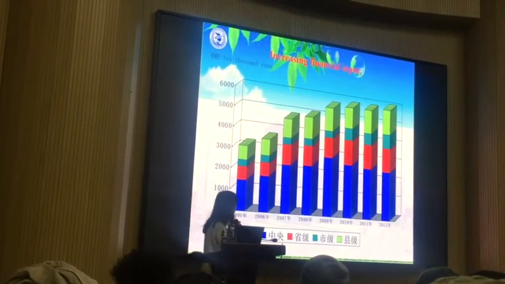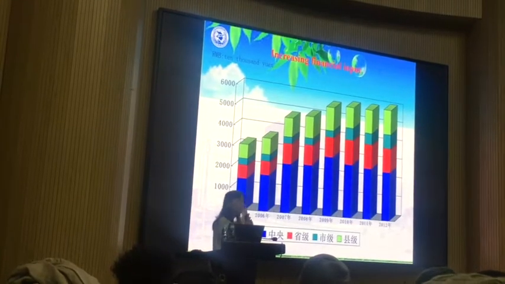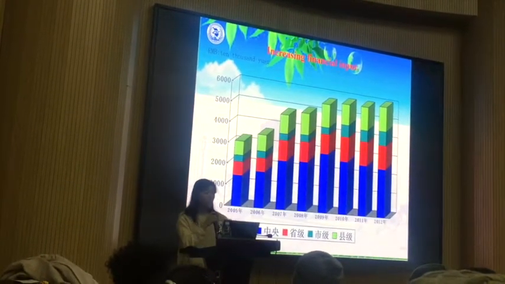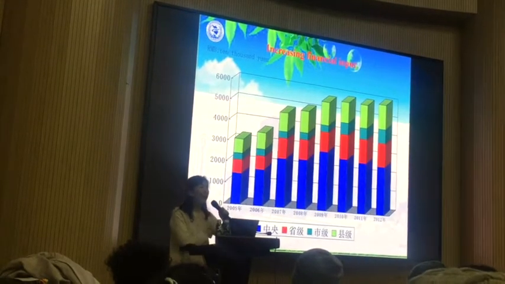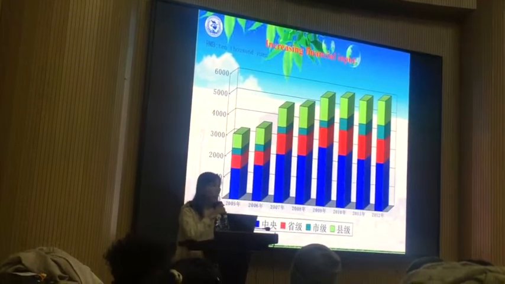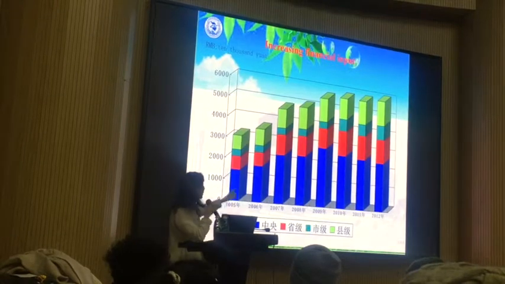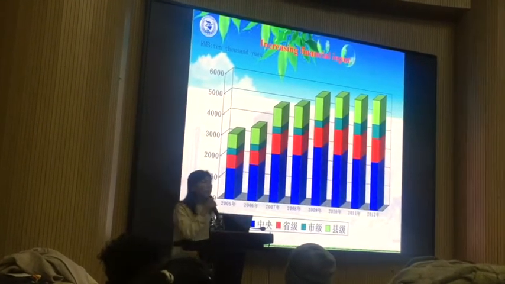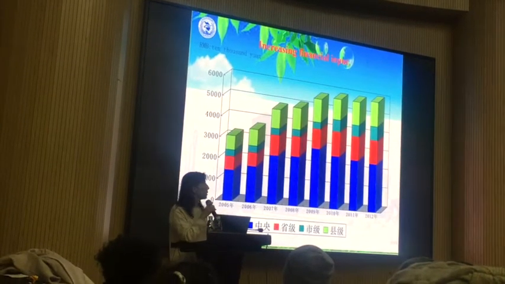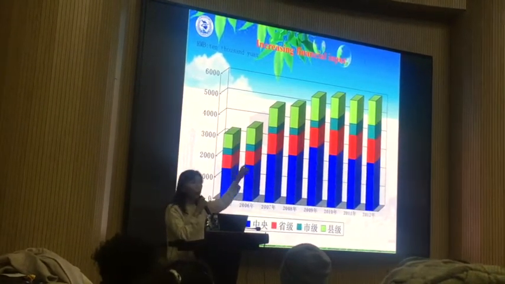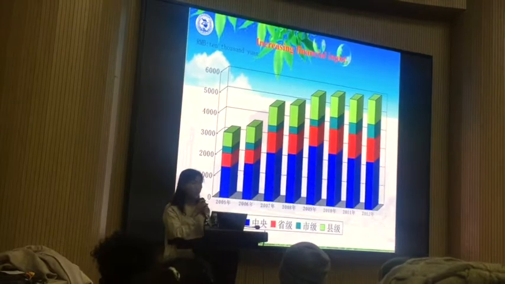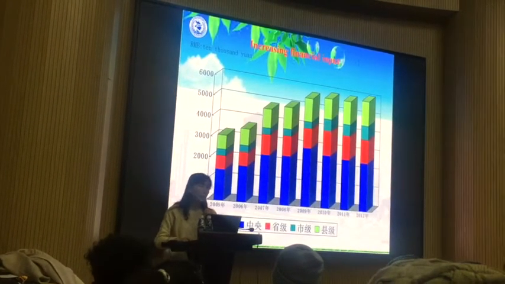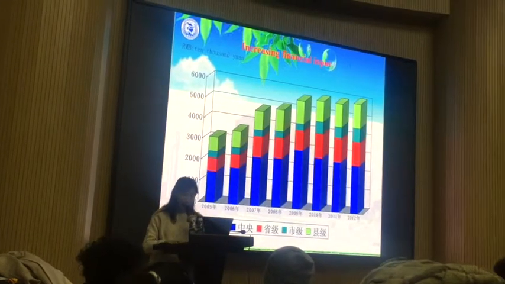The blue represents the national level, and the red represents the provincial input. This represents the city financial input, and the green represents the county financial input. So the financial input is increasing by year.